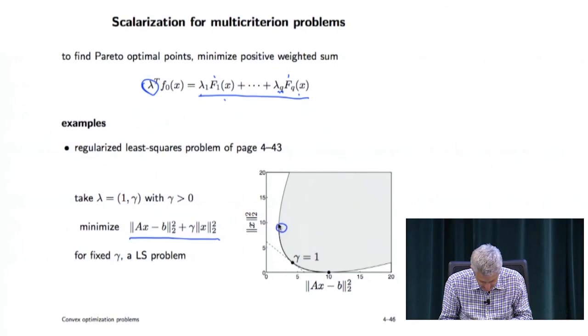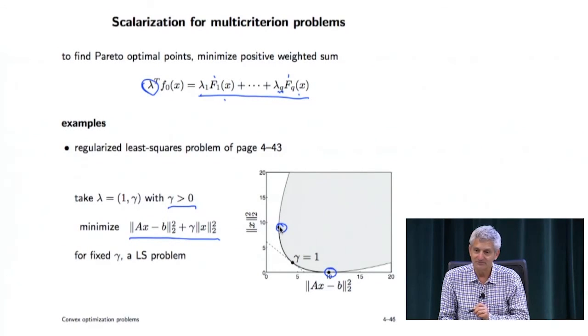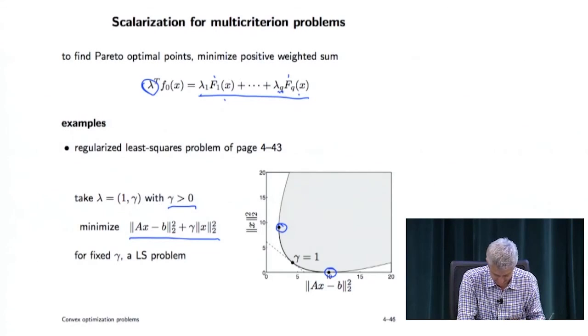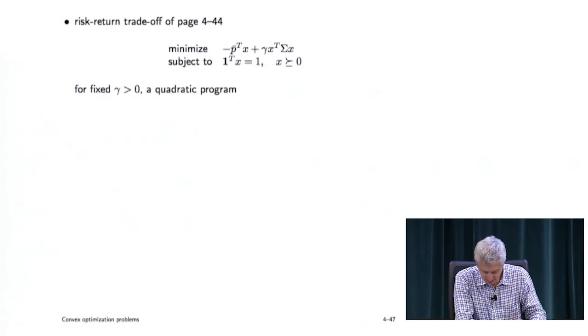It won't get you exactly that point. And since we're insisting gamma is positive, it doesn't get you this point either. But as gamma goes to 0, you get closer and closer, and as gamma goes to infinity, you get closer and closer to this point here. So that's the idea here. Okay, so that's scalarization.